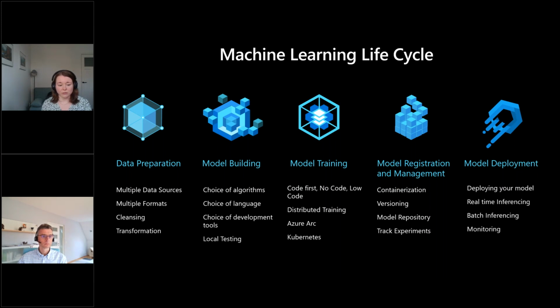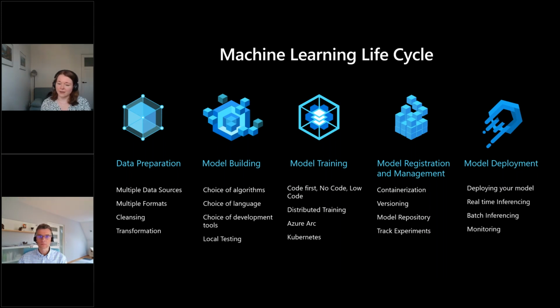A different step is model building, where we look at our choice of tools. We do some small experiments, local testing, to make sure that we can select the right tools to get started with. And then we move ahead to the stage of model training. For this, we can go for a code-first approach. This is what you will mainly see today, but there are also low-code options available.